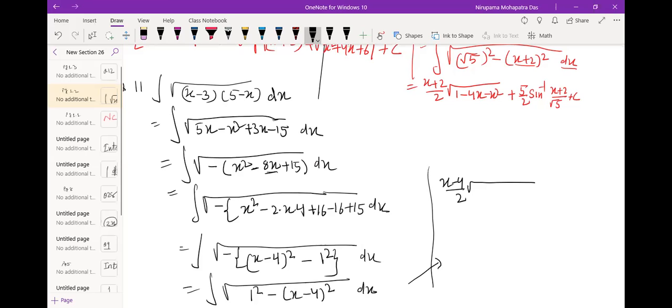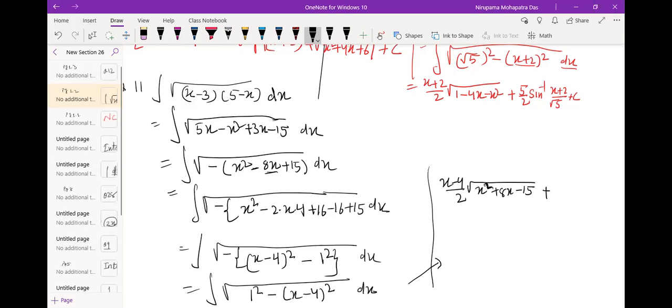So you will be getting here x square minus 8x. Yeah, so you can get here x square plus 8x. It will be x square plus 8x minus 15. Okay, just check it.